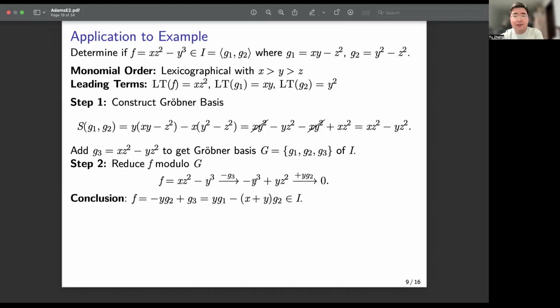And we realize it is a multiple of the leading term of g2. So we add y times g2, and that reduces f to 0. Then by the membership criterion, we know f belongs to the ideal I. And an easier way to see this is that we have an explicit expression to show f belongs to I.